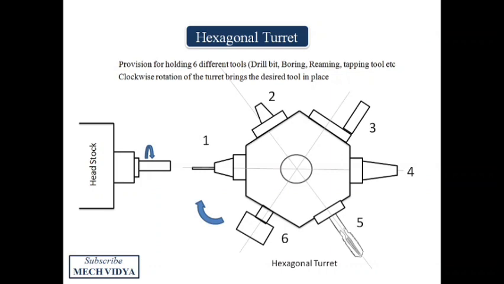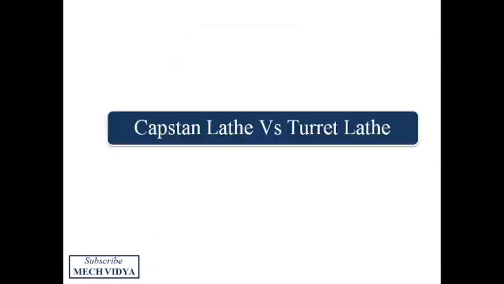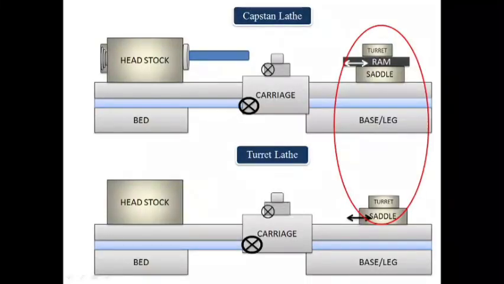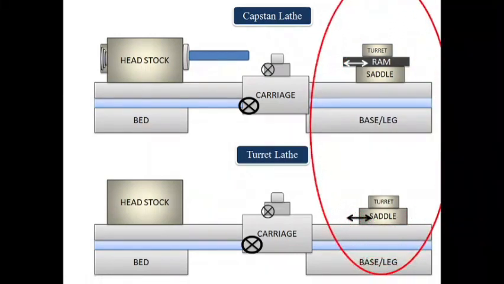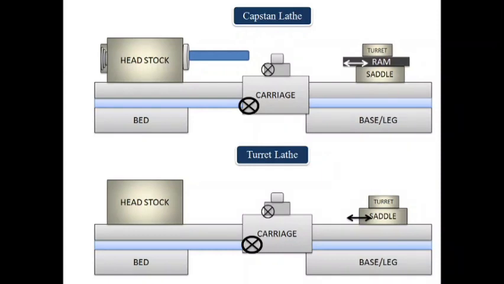Next, the Capstan and turret lathes, though they are considered as similar machines, have a small difference between them. The difference lies in the right hand side part of the machine. Here in Capstan lathe there is a saddle, but the turret is not mounted directly on the saddle.